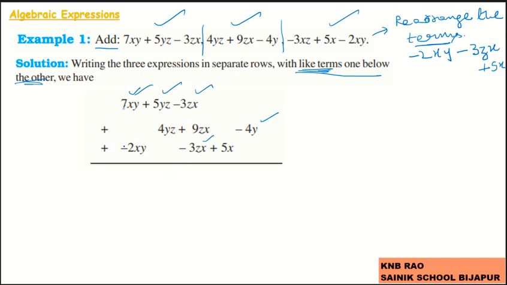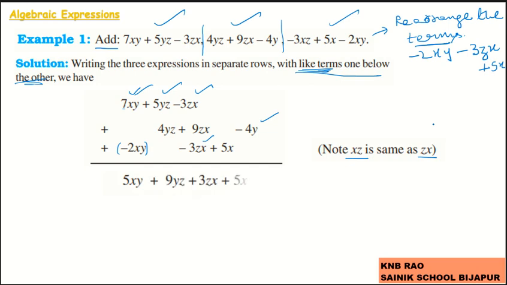Now we will go for doing the addition. So 7 minus 2 gives you 5xy. Children, as I already said, this is an important note: xz is the same as zx.